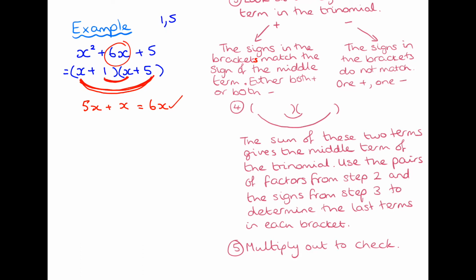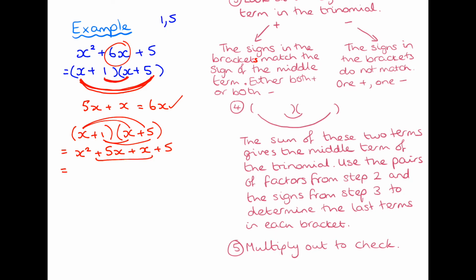If we do a full multiply out, then x times x is x squared, x times 5 is 5x, 1 times x is x, and 1 times 5 is 5. So when we collect our like terms in the middle, we've got x squared plus 6x plus 5, which shows that we got the right answer because that's what we started with.